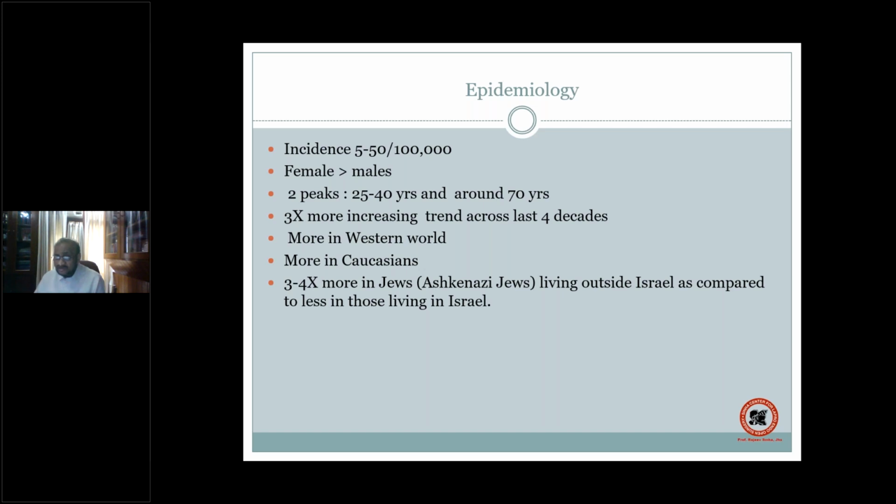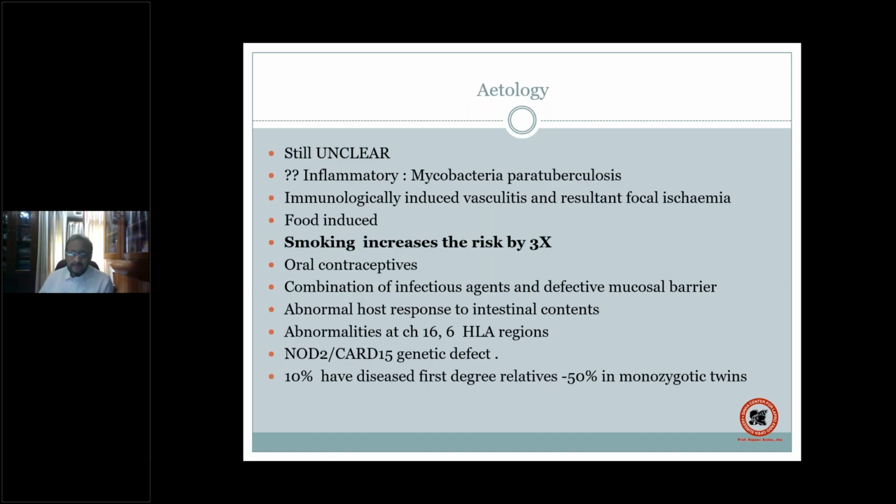But what is very funny and very significant is that these same Jews, when they're living inside Israel, don't have an increase in the incidence of Crohn's disease. But the same Jews, when they live outside Israel, have 3 to 4 times more. That probably tells you that some environmental factor is also at play.